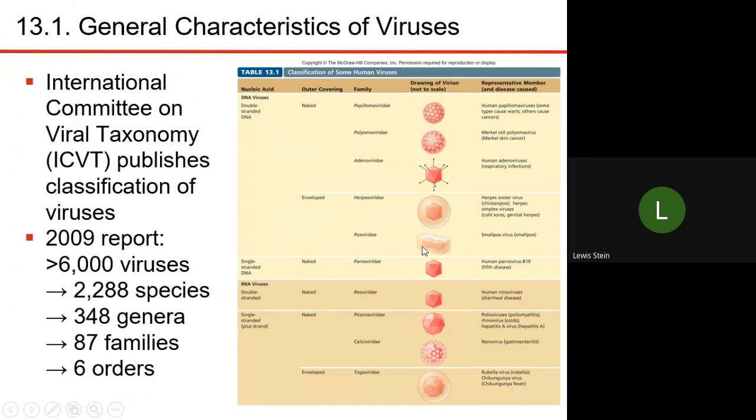Pox viruses are large. Herpes has about 6 or 7 different variations. Herpes 1, oral herpes, is most common, about 90% of us have been exposed to that by now. Herpes type 2 is much more frequently associated with genital herpes.